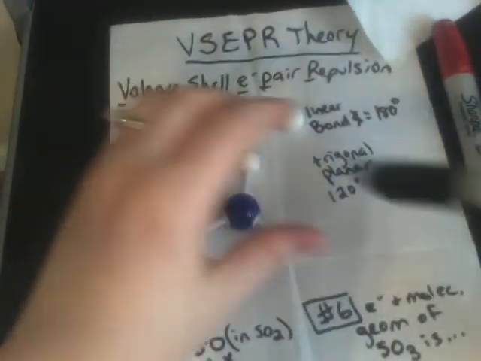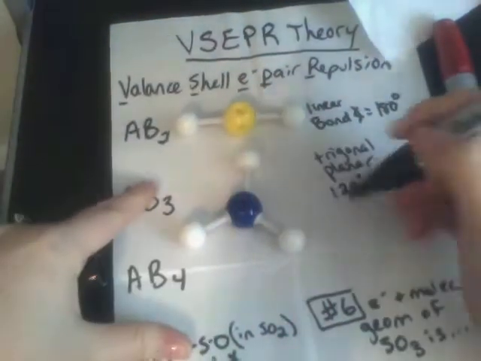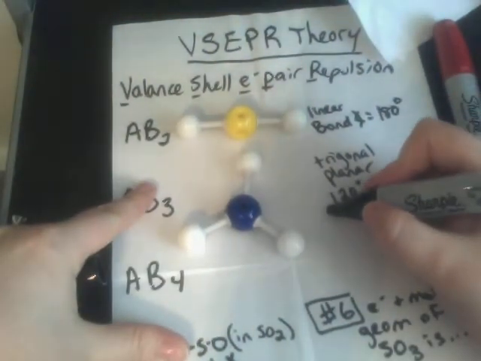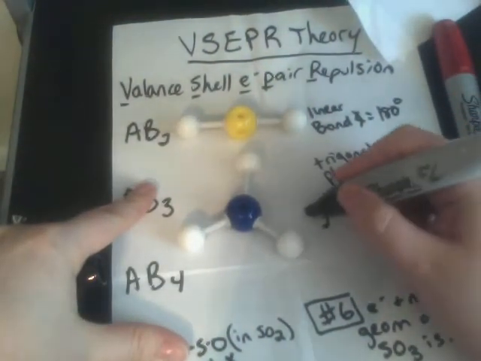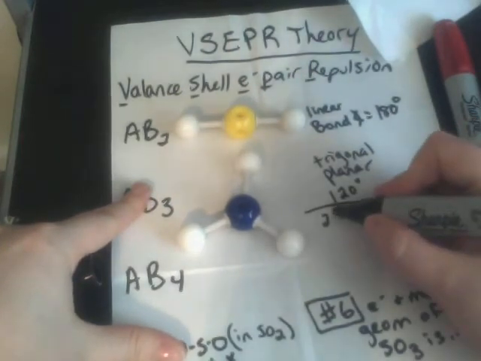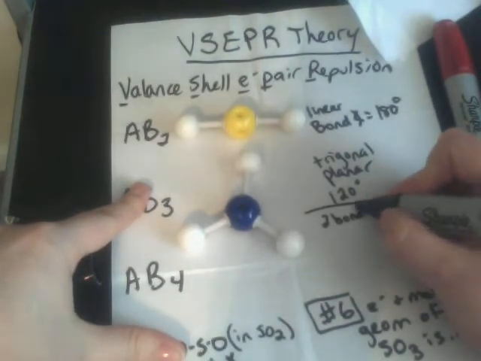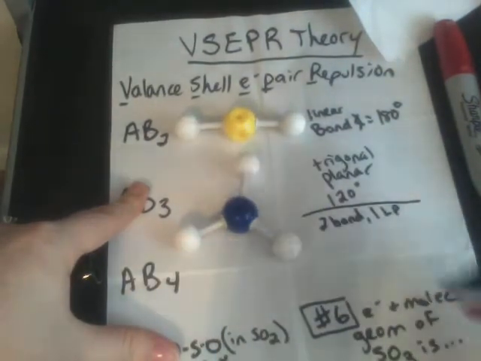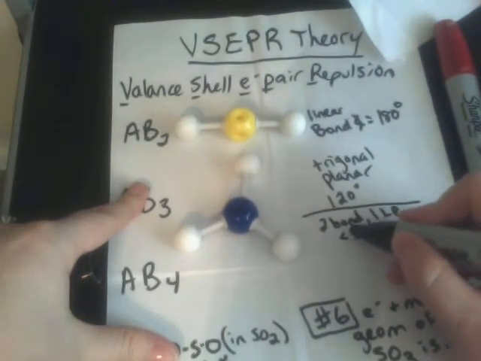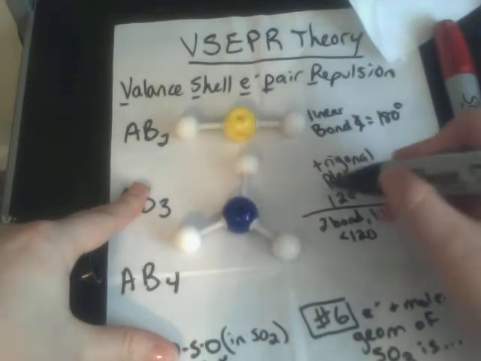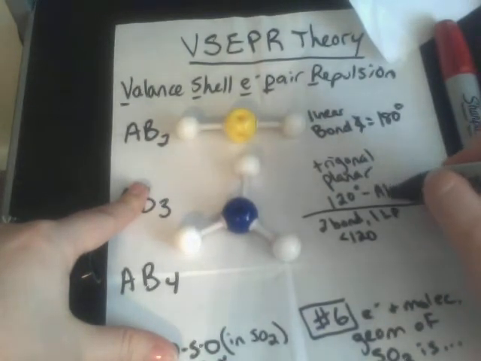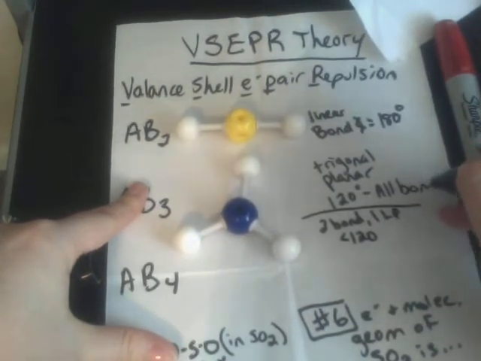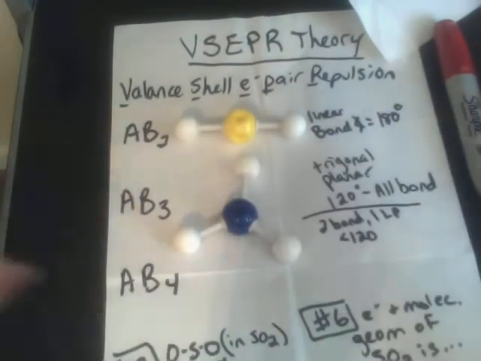So if we have two bonds and one lone pair, the bond angle is less than 120. So this is if they're all bonded. So we have two options on this one.